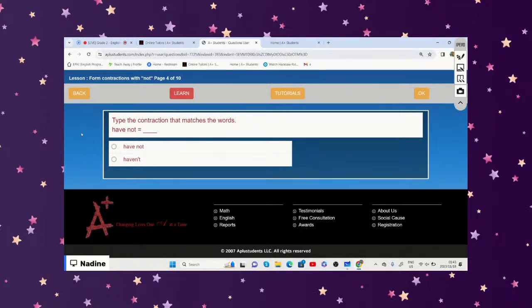So now have not. Is it have not or haven't? We need to find the contraction that matches the words have and not.